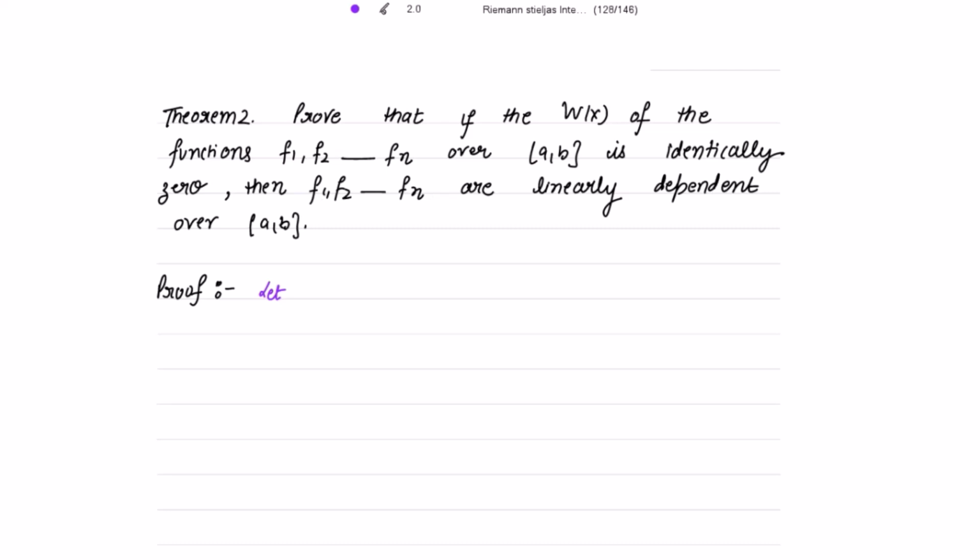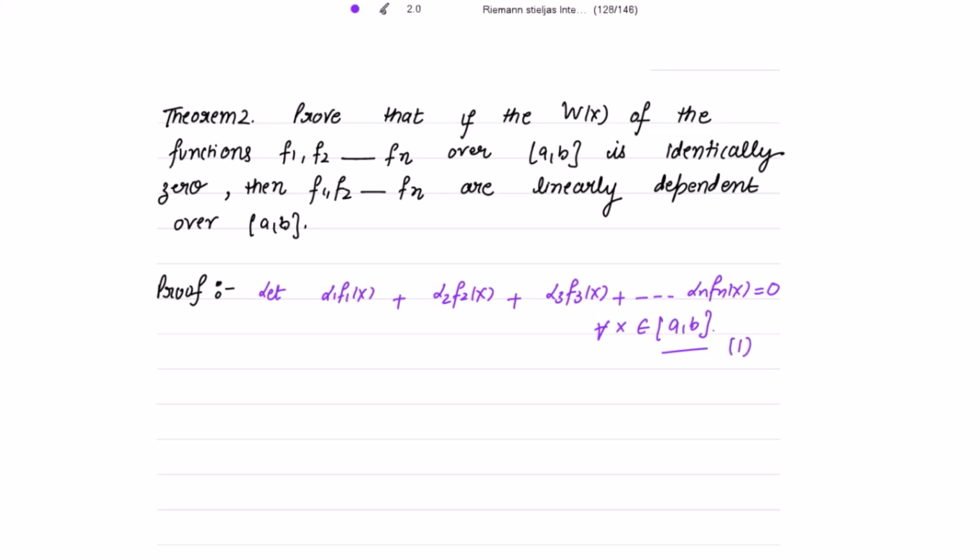So I'm writing that identity first, taking scalar alpha1 for f1 and alpha2 for f2, so I'm writing the linear combination: alpha1 f1(x) + alpha2 f2(x) + alpha3 f3(x) + ... + alpha n fn(x) = 0. This is our identity for all x belonging to the given closed interval [a, b]. Let me mark this as 1.